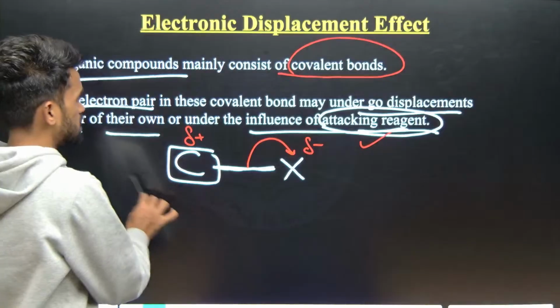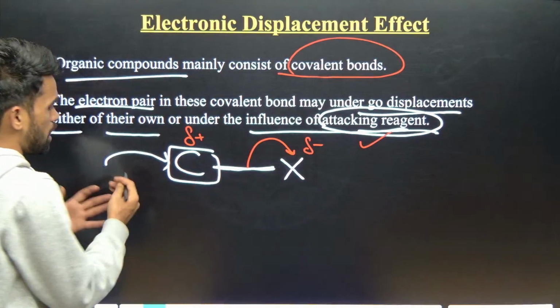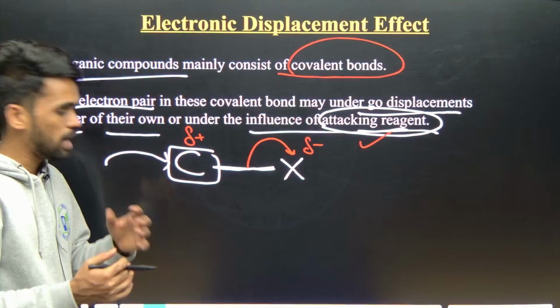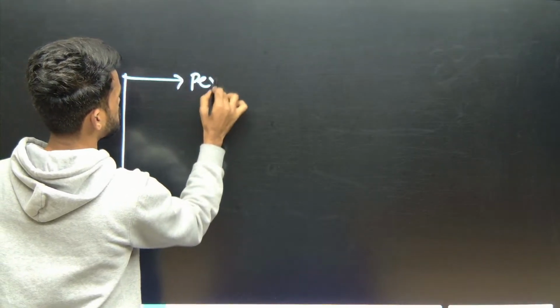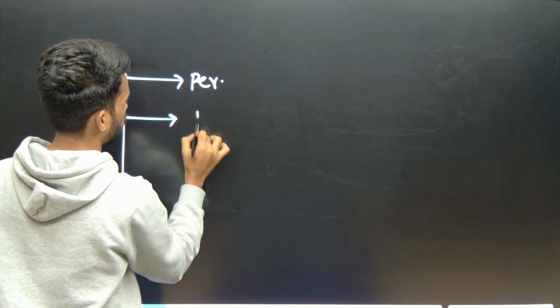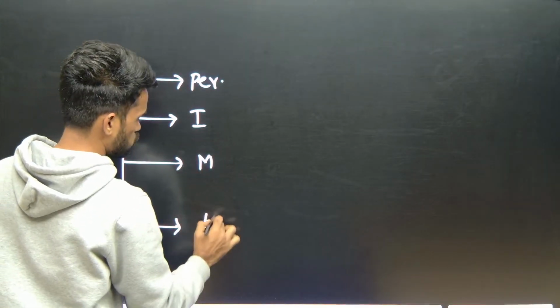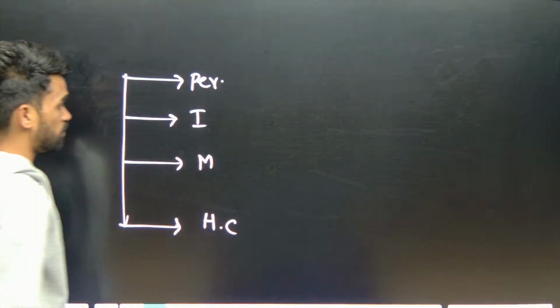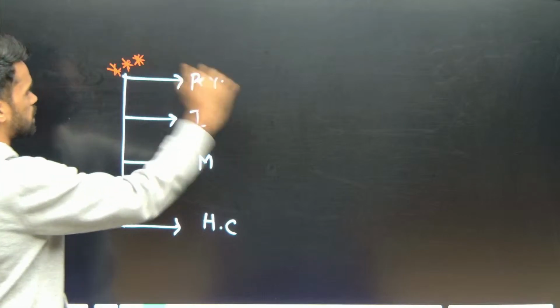If it is just because of polarization of the bond on its own, then it is a normal permanent effect. There are three permanent effects: inductive effect, mesomeric effect, and hyperconjugation. These are the three effects which must be studied in order to understand the complete organic part of first year and second year, 11th class and 12th class.